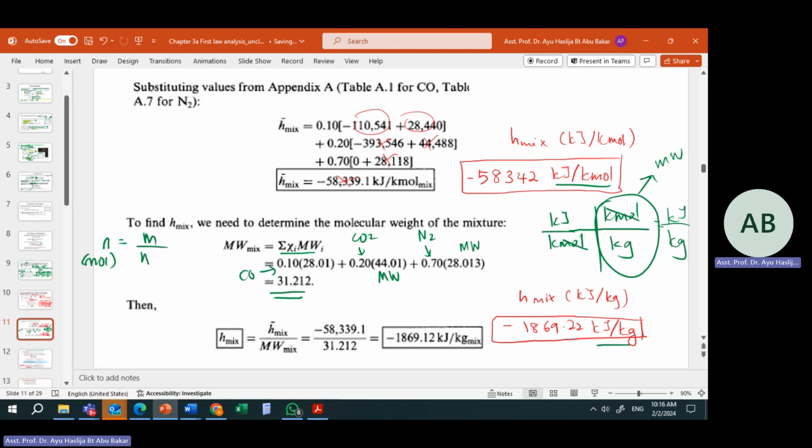Mass over molecular weight kan. Mass, which is gram, molecular weight is gram per mole. So cancel out, kita akan dapat mole lah. Kmol equivalent to kg. Kalau you guna gram, then only mole lah. Gram mole. Okay.